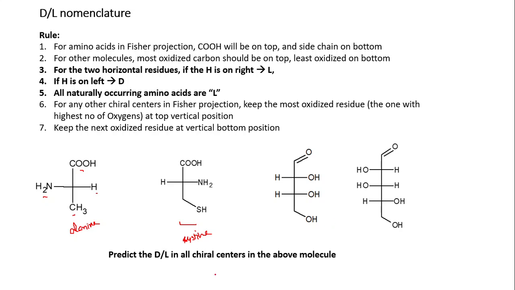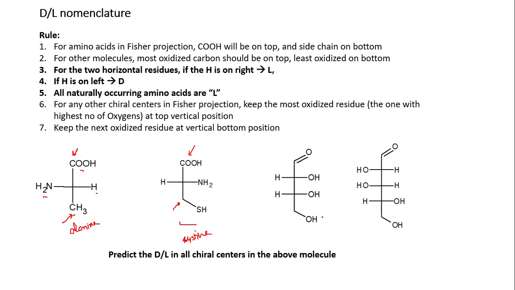The rule here is that the most oxidized carbon should be on the top and the least oxidized on the bottom. Most oxidized here is the COOH, and the least oxidized is the CH3, usually the side chain.